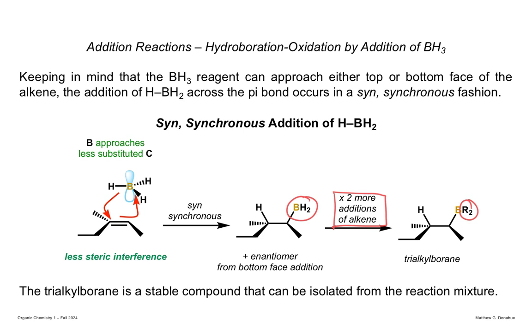That's what the R2 means. In terms of a molar amount, we would say 3 moles of this for 1 mole of that. This gives you the intermediate called a trialkyl borane.